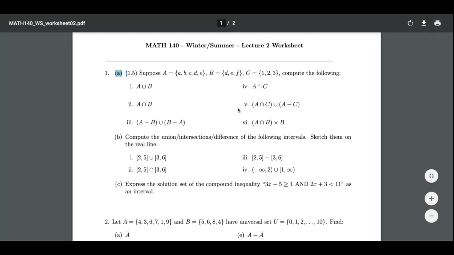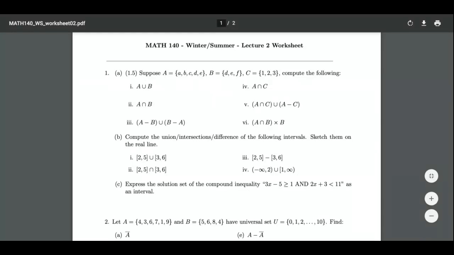All right, 6. We're still in 1A. We have A intersect B, cross B. Well, let's think about A intersect B first. A intersect B, we have D, E. Then cross B. Cross B are ordered pairs. Let's see who can list all these ordered pairs.